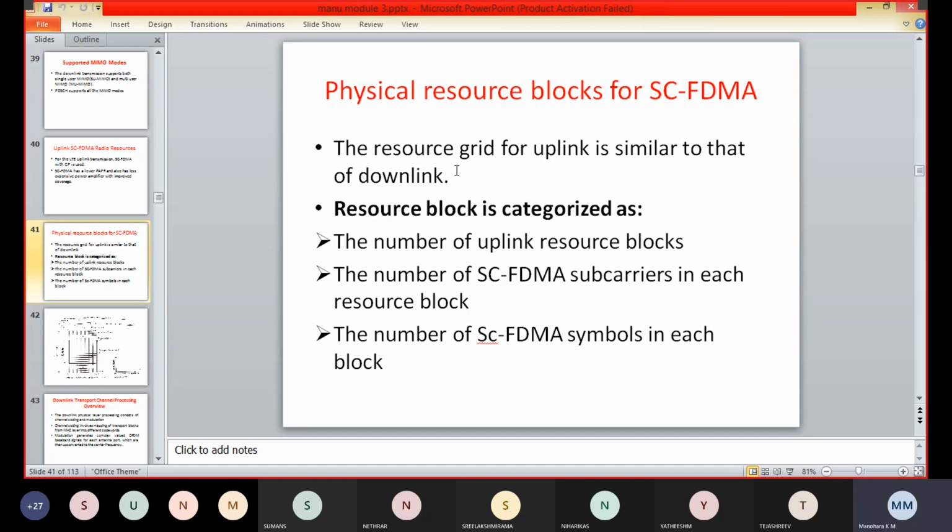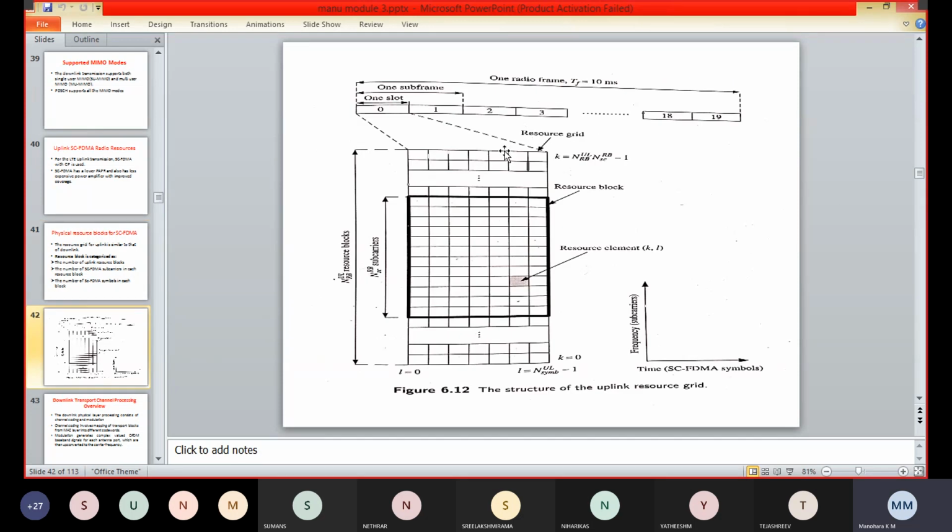So here SC-FDMA can be regarded as the conventional OFDMA with a DFT-based precoder. The resource grid of the uplink is similar to the one of the downlink, which is illustrated in this figure.